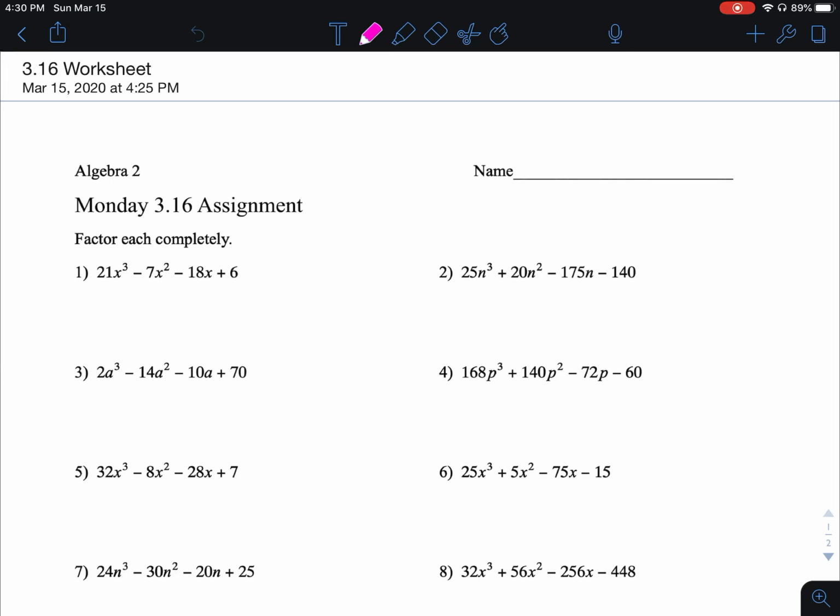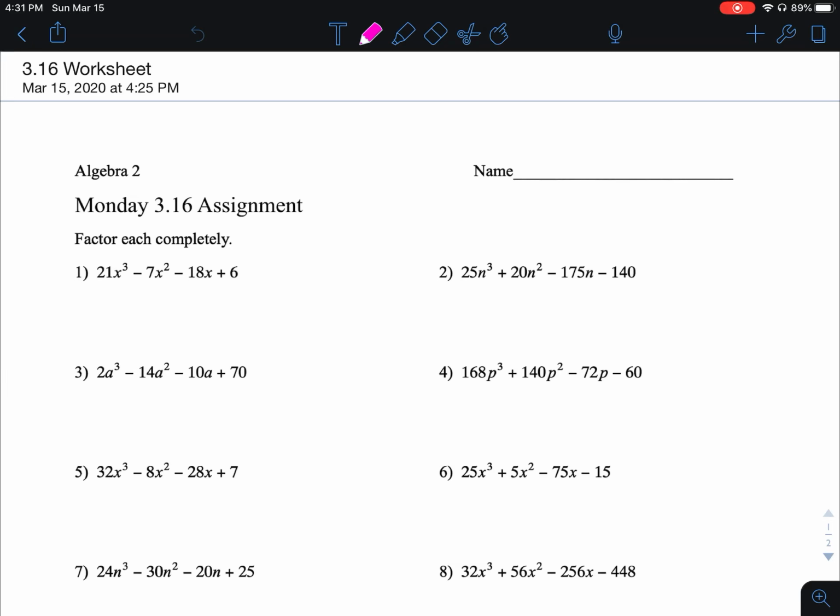If not, then I would just write down the problems on a piece of paper and then work it out. And you can take a picture of it and submit it to me. You can either submit the picture, or you can use the app Cam Scanner, which will scan it and make it a PDF, or whatever other ways you can think of that you can upload it. But whatever you do, make sure that you know what you're doing or how to get it to me. Please do not email it. Make that a last resort. Everything should be submitted through Schoology.